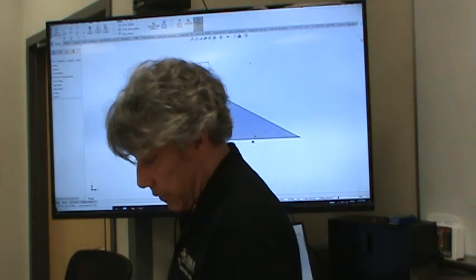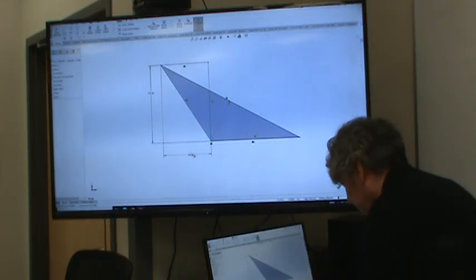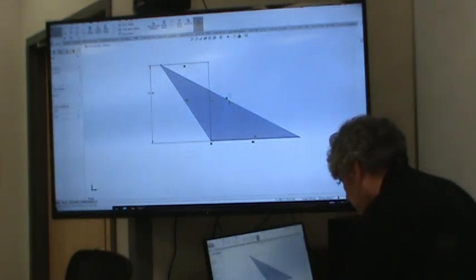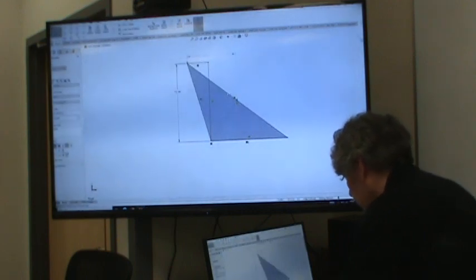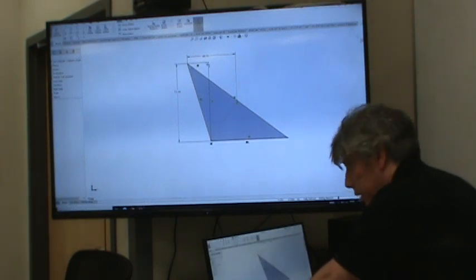What did I do wrong? I've got a 4 foot, oh, yeah, this is wrong. I think the geometry still works, but you're right, I should have had a 4 foot dimension to here. There we go. So I think the geometry, well, no it doesn't, because now I don't know that horizontal distance anymore.